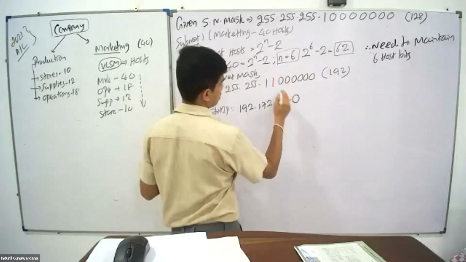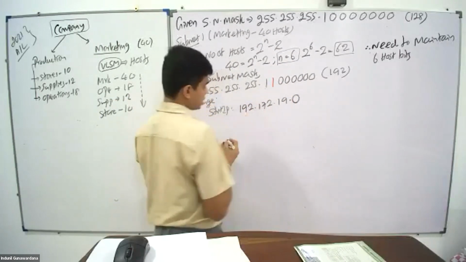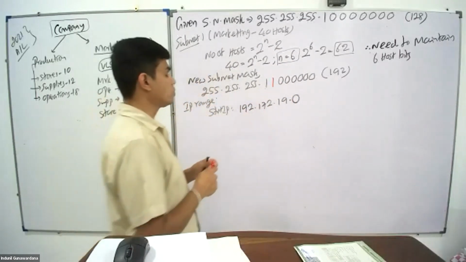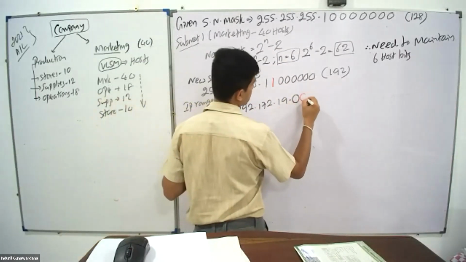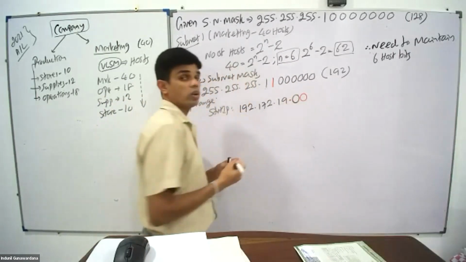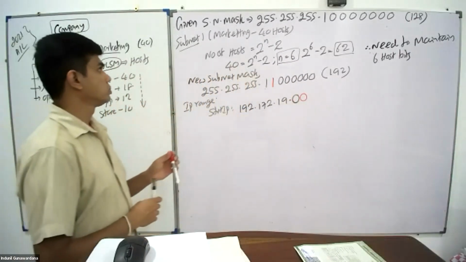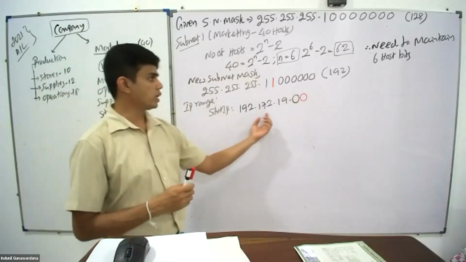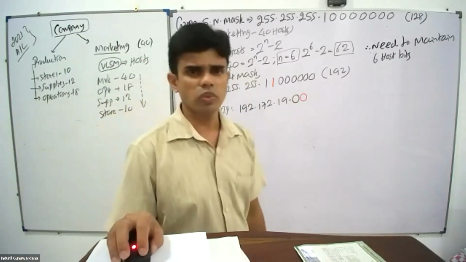Then this is the network, and the next is the subnetwork. Since this is the first subnetwork, I keep that subnet bit as 0. Did you understand what I did here? So the given IP block is 172.19.0.